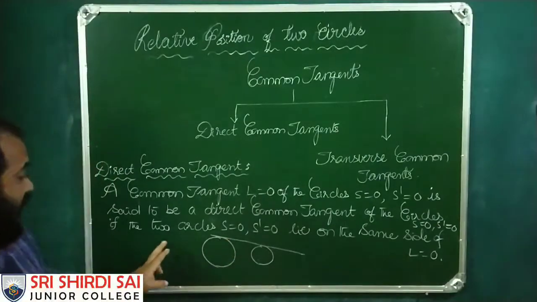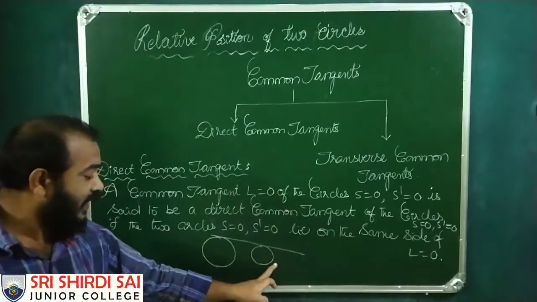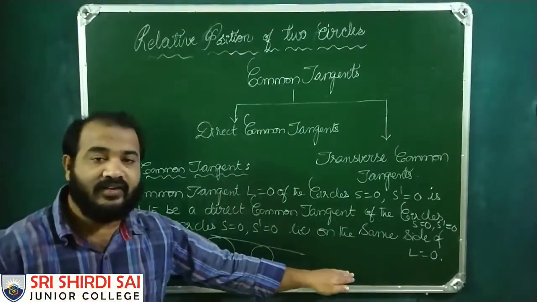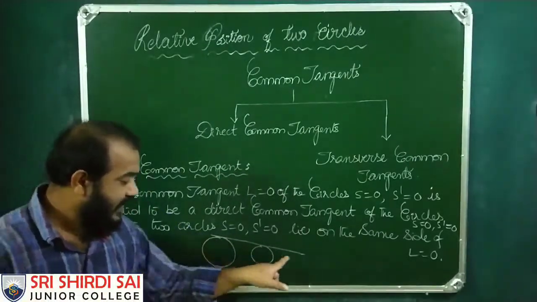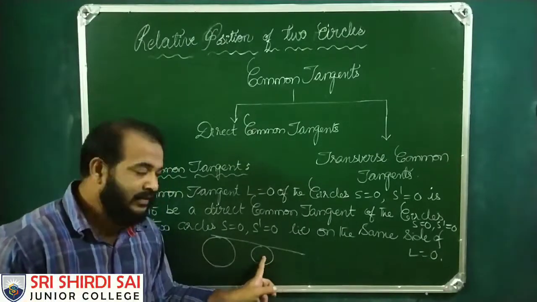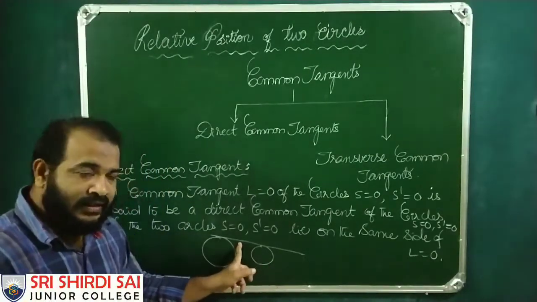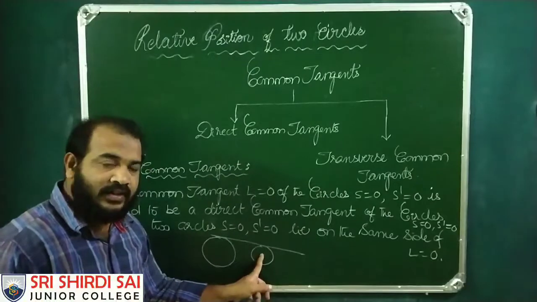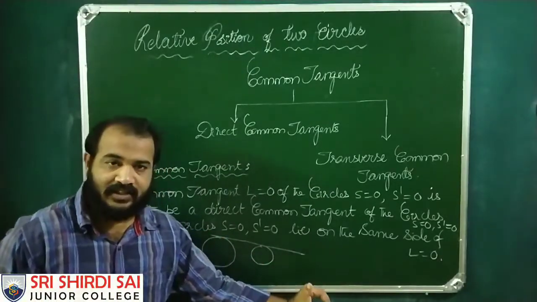If these two circles lie on the same side of L equals 0, this line is common to both. This line at a time is touching both the circles, therefore it is said to be a common tangent.